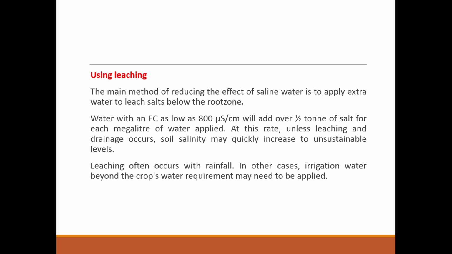Next one is leaching. Leaching is reducing the effect of saline water by applying an extra amount of water. That is what we call leaching. It occurs as excess water removes water soluble nutrients out of the soil by either runoff or drainage.